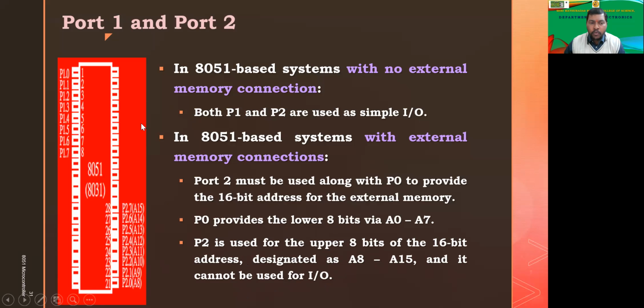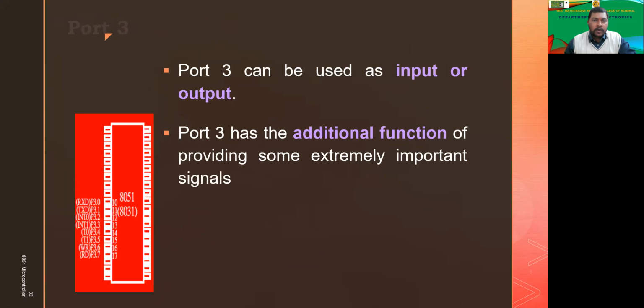Now, when we are programming it, when we are feeding the program from the programmer to this IC, this port 2 can be used as the higher address bus, from A8 to A15, and the lower can be used from port 0, as I've told you in the earlier slide. Whereas port 1 is the simplest input output port, which is only used for inputting or outputting the data when it is being programmed. I guess you have understood this.